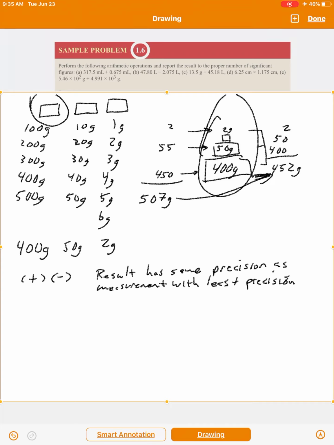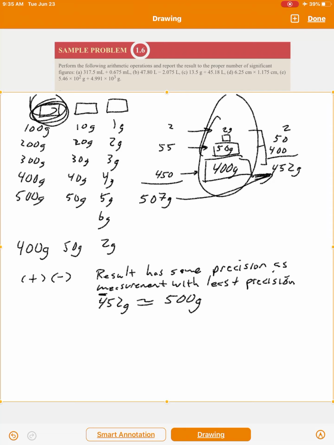Okay? So here's what you would do. You would add the three together and then round it to the precision of the one that had the least. The least had in the hundreds, so we would round this in the hundreds. Now, when you round to the nearest hundreds, that's here, this is closer to 500 than it is to 400, so we would round it to 500 grams.